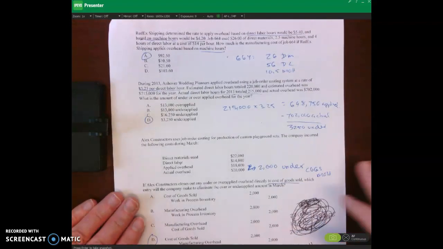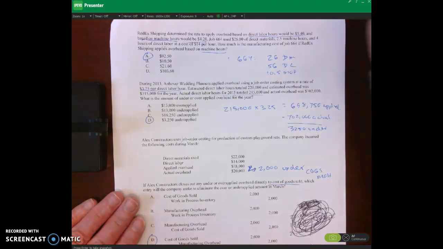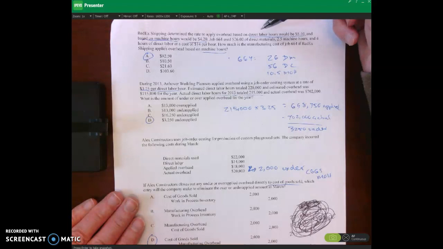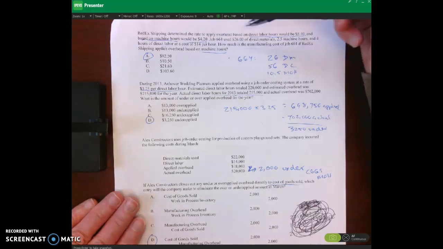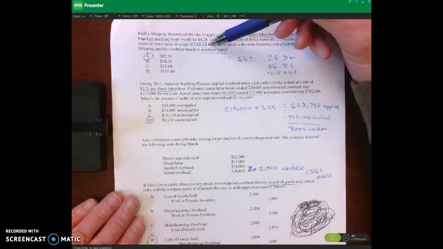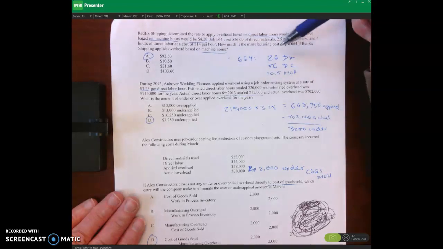Okay. Our next company determined the rate to apply overhead on direct labor hours would be $5.40, and based on machine hours, $4.20. Job 664 used $26 of direct materials, 2.5 machine hours, and 4 hours of direct labor at a cost of $14 per hour. What is the total cost? You have to break that down between materials, labor, and overhead.